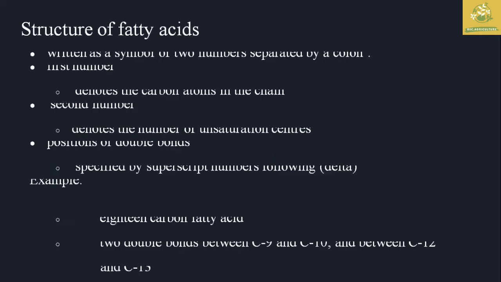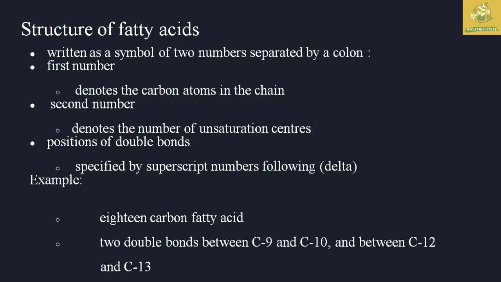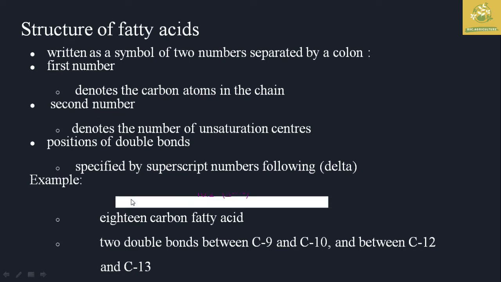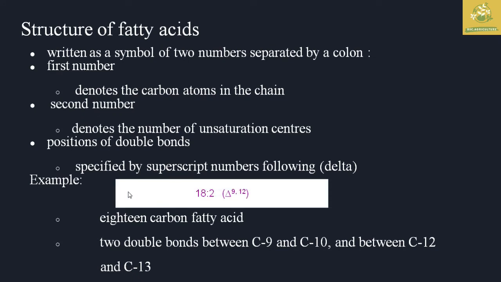The structures of fatty acids are written as 2 numbers separated by a colon, which you can see here. The first number denotes the number of carbon atoms in the chain, and the second number denotes the number of unsaturated centers in that fatty acid. The position of the double bond is specified by the symbol delta. For example, in this picture I have given 18:2 delta 9,12.